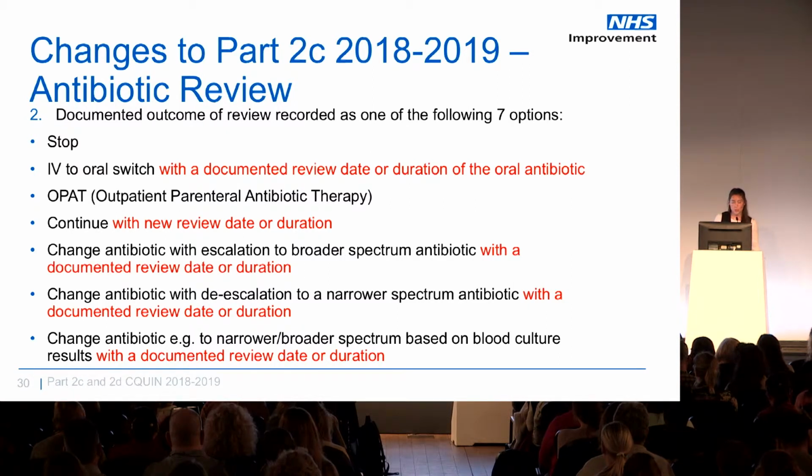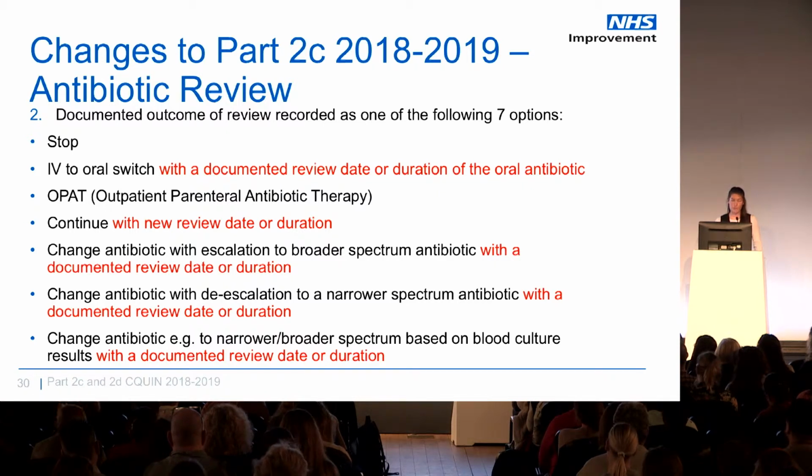So those 7 options are: stop; IV to oral switch with a documented review date or duration of the oral antibiotic; refer the patient to OPAT; continue the same antibiotic but have a new review date or duration; change the antibiotic, so escalate to a broad-spectrum antibiotic with a new review date or duration; change and de-escalate to a narrow-spectrum agent, and again, have a new review date or duration; and change based on blood culture results with a new duration and review date.